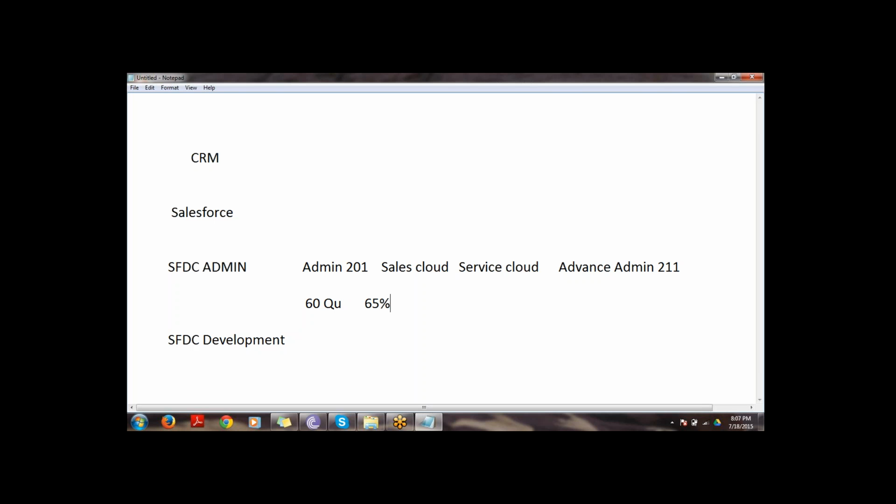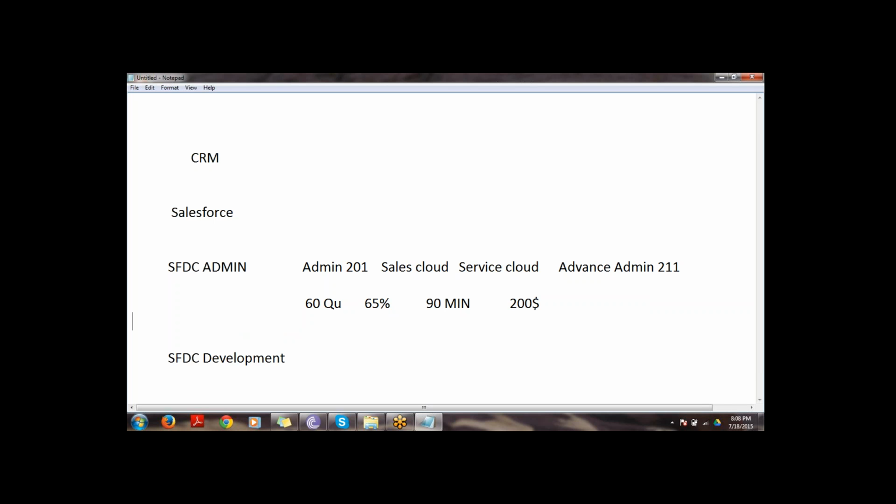The time duration is 90 minutes, and the registration fee is $200. For each exam you need to pay $200. So 60 multiple choice questions, 65 percent pass percentage, 90 minutes time duration, and $200 registration fee. Got it?